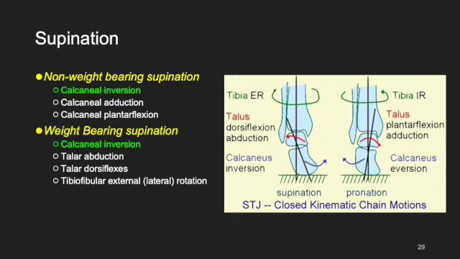So, first thing we have to do is differentiate what happens when I supinate in the non-weight bearing position and when I supinate in a weight bearing position. So already we should be thinking non-weight bearing position is going to be an open chain motion. Weight bearing position is going to be a closed chain motion.